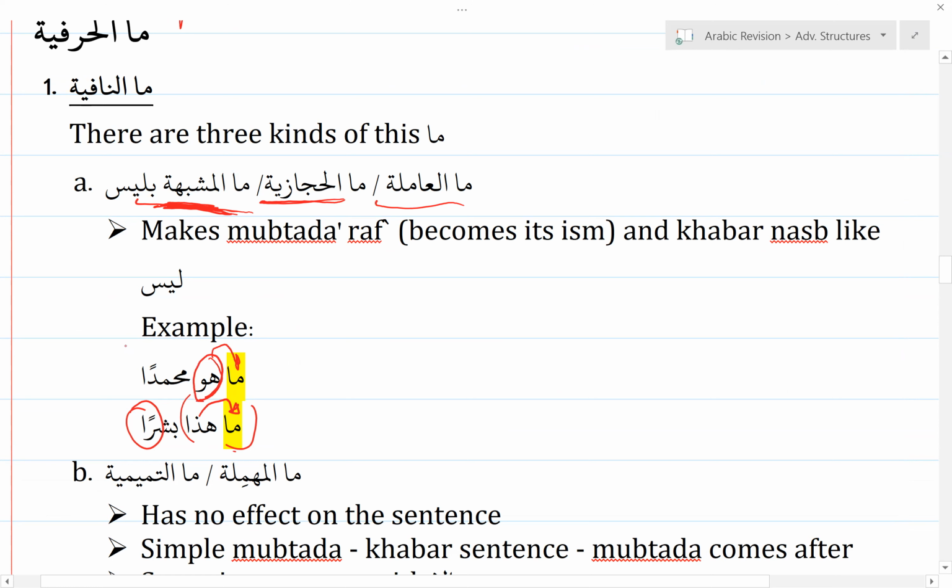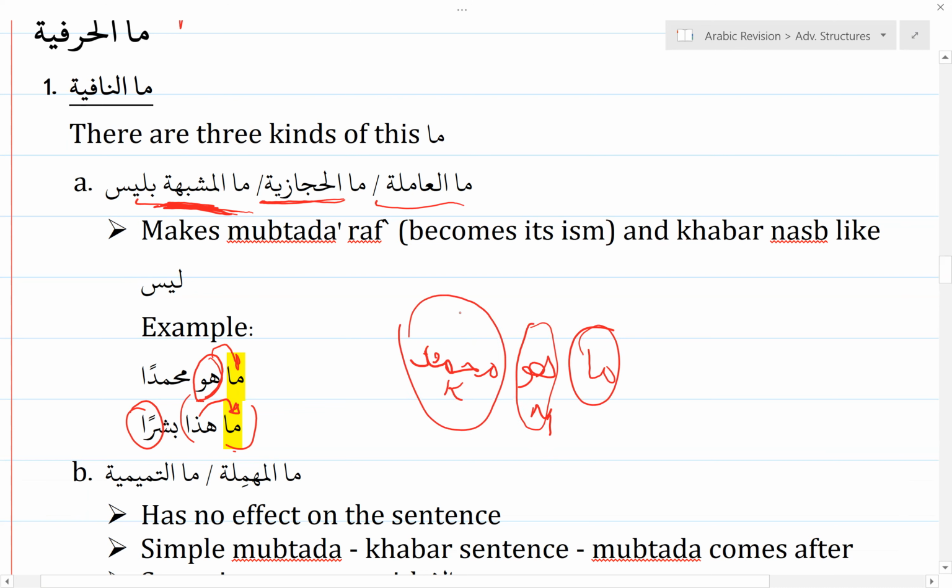Basically, the sentence initially was huwa Muhammadun, mubtada, khabar, right? But I want to say no, he's not Muhammad. So I bring in this ma that looks like laysa, and then I say ma huwa Muhammadan. So this ma is a harf. It's not really an ism. So this is still our mubtada and this is still our khabar.